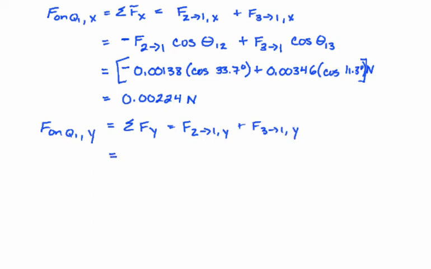Alright, so looking at this, both of these forces are in the positive y direction, so we don't need to worry about a negative sign anywhere. They're both going to be positive signs. We do have to break it down into the y, so we are going to have to include some trig here. But the procedure here is very similar to what you did last quarter when you would break your forces down into vector components at that time as well.